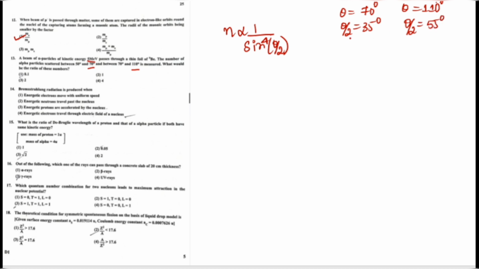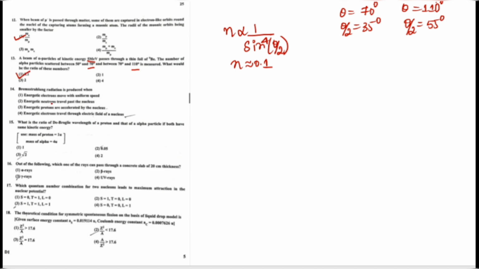For solving sine to the power of 4 theta, for 35 degrees and for 55 degrees, we get the answer nearly equal to 0.1 after solving this. So option A will be the right answer.